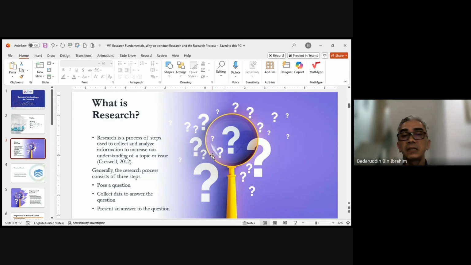Dissemination doesn't mean that you just make a slide and then present. It can also be other ways, like publishing a paper, publishing your findings, or going to a forum or seminar where you share your research with your colleagues or new partners, for example. So that is also called dissemination.